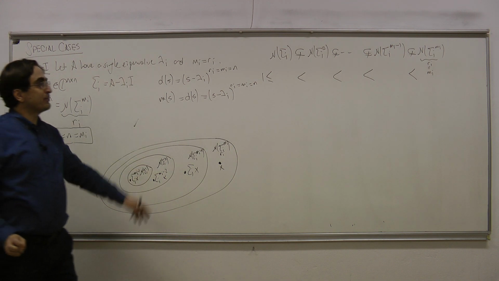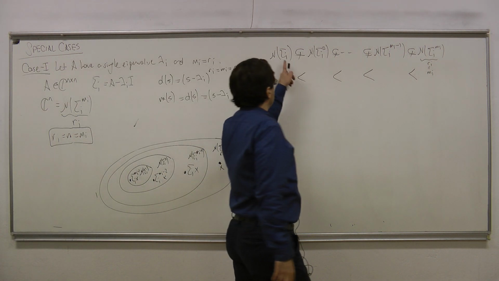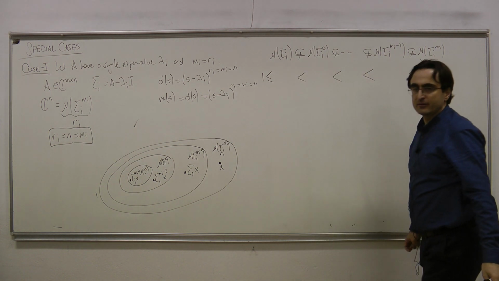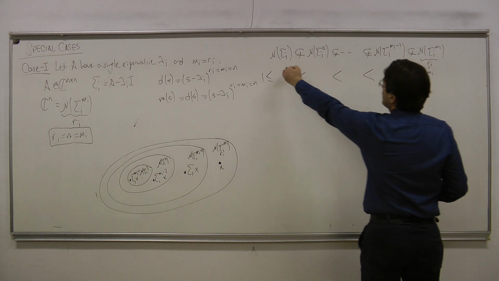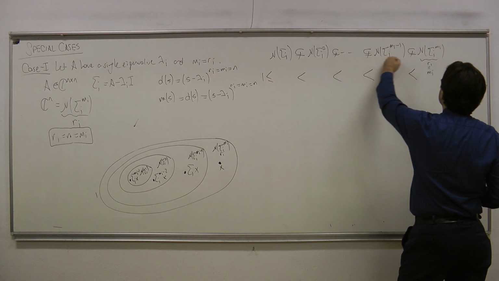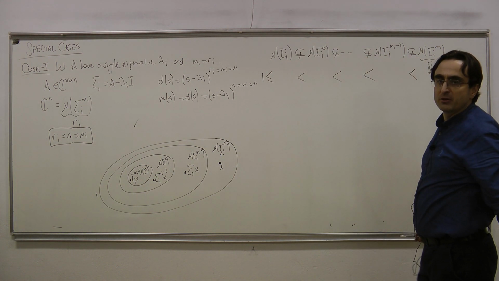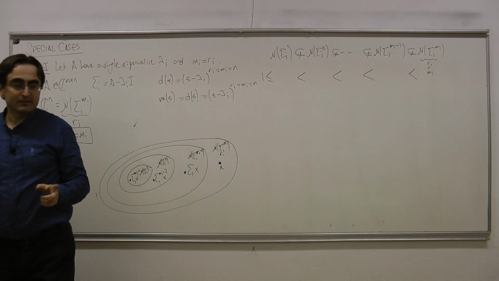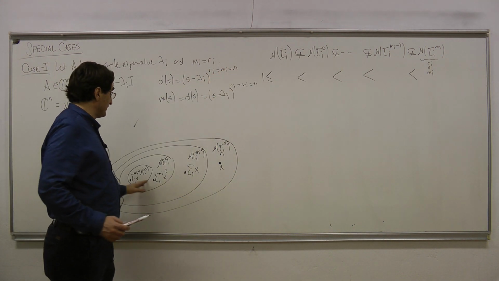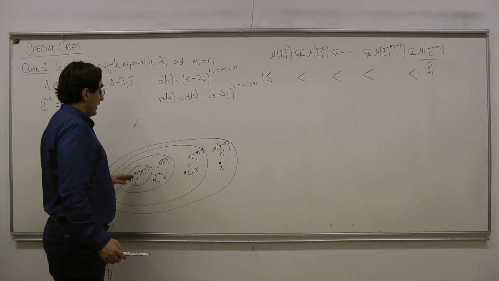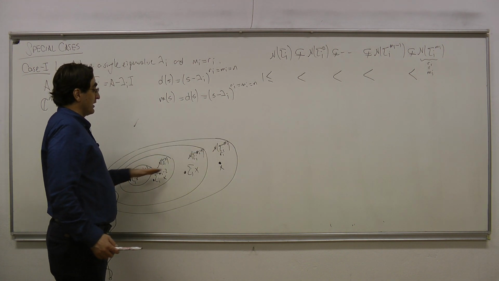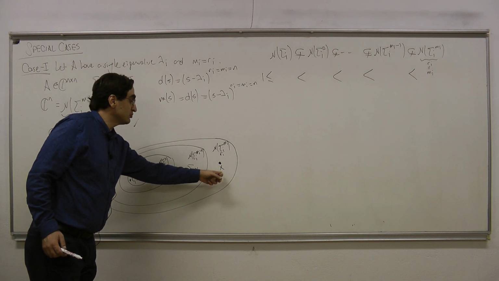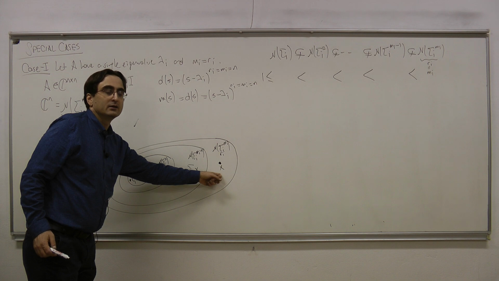So now how many spaces do I have? 1, 2, going until mi. I have mi spaces, and their dimensions should strictly increase until we reach the number mi. I have mi distinct spaces which are inside each other, mi concentric spaces like this, and the dimension of the largest one is mi.